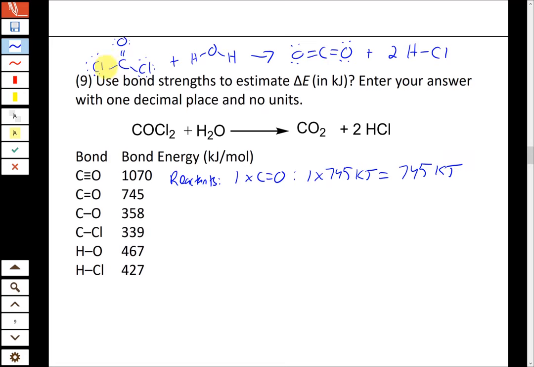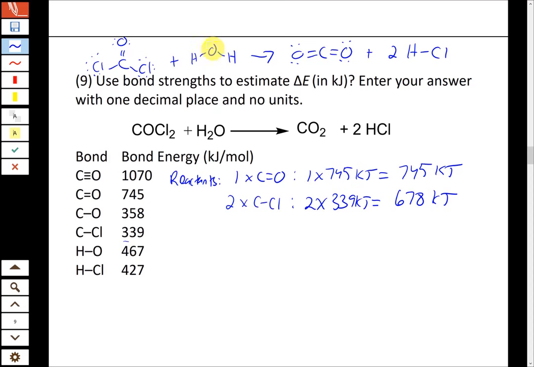And then this reactant here is called phosgene. This is really nasty stuff, by the way. But anyway, it has 2 carbon-chlorine bonds, CCl, CCl. So that's going to be 2 times that value there for carbon-chlorine, 339. So that's 678. And then we have, in water, 2 OH bonds.